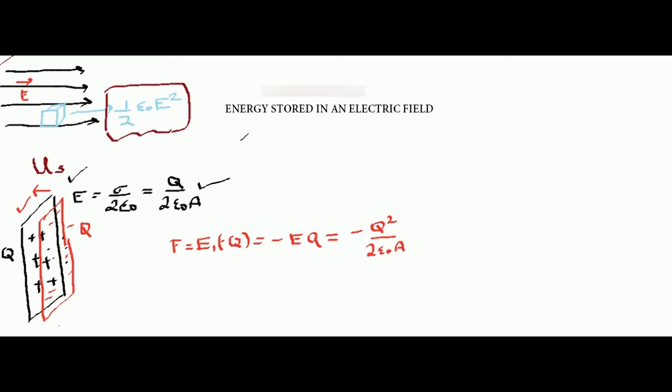The force with which the first sheet attracts the second sheet is mod of F equals q square divided by 2 epsilon naught A. Agreed?